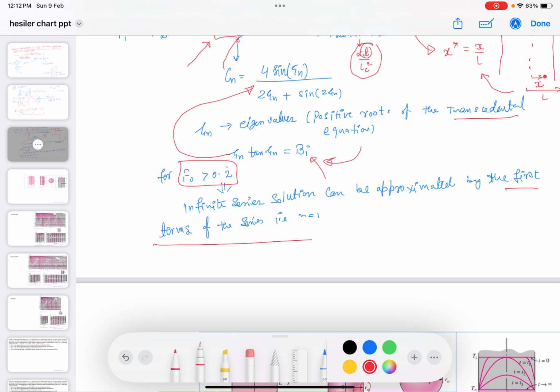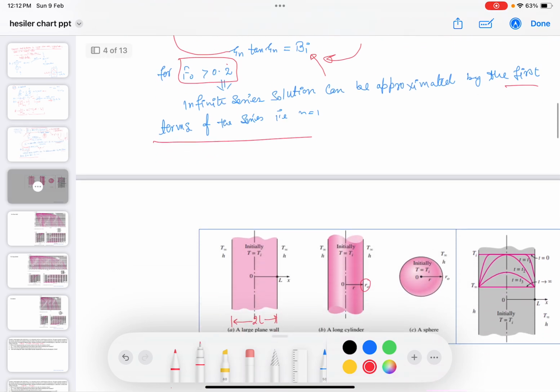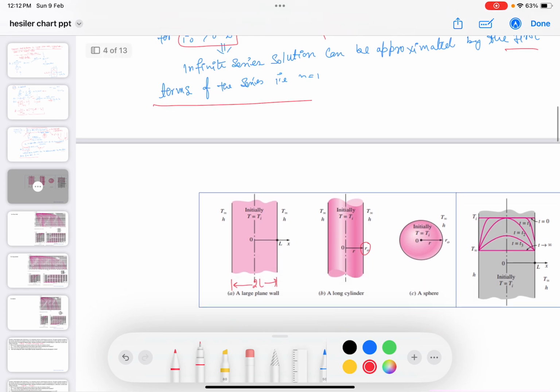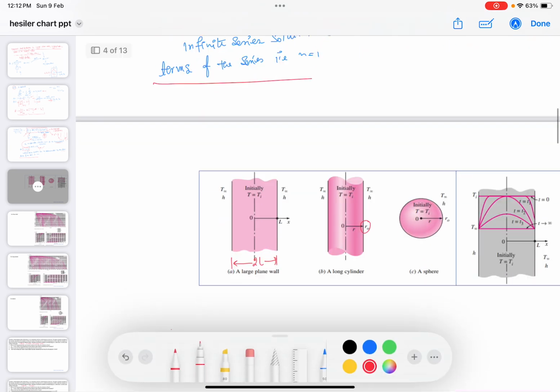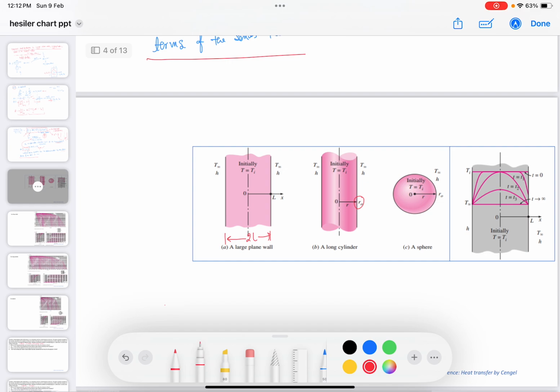So this one term solution is plotted in the literature for some geometries, like the plane wall, long cylinder, and sphere. And to find the solutions graphically, we need to introduce ourselves to some dimensionless parameters.